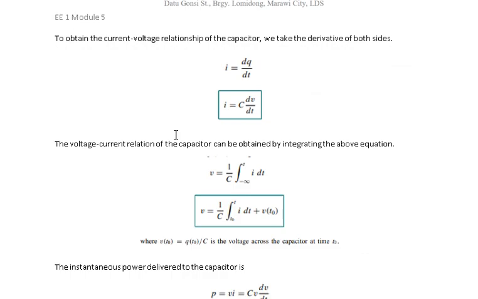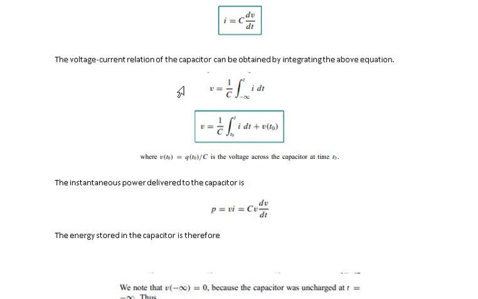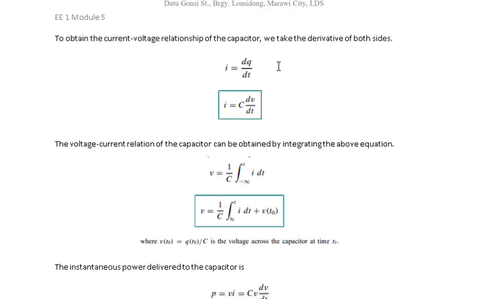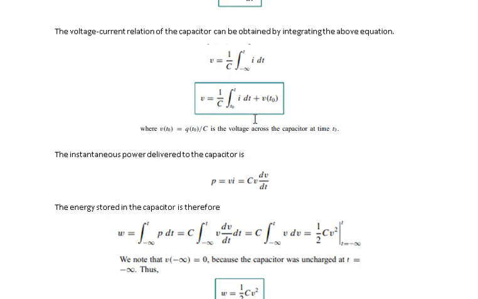The current is given by, as we have already defined, I is equals to dq over dt. By using that in the definition of capacitance, we have I is equals to C dv over dt.